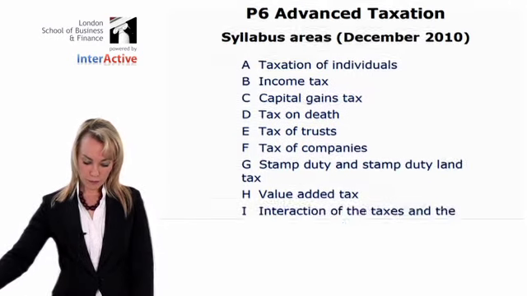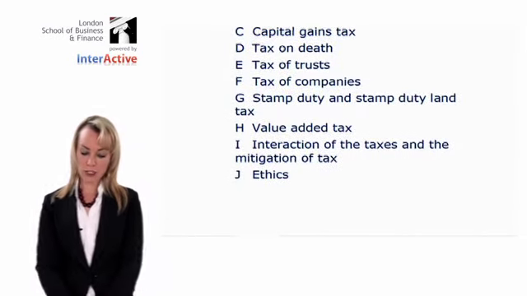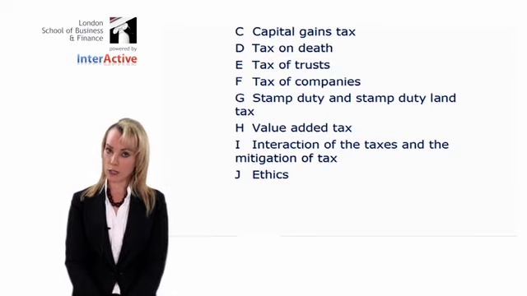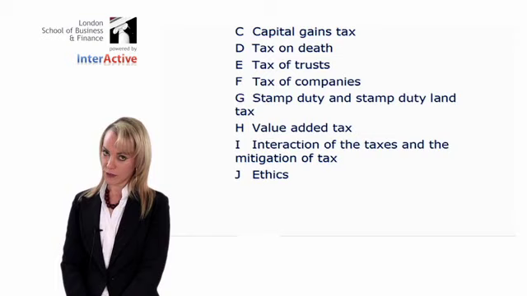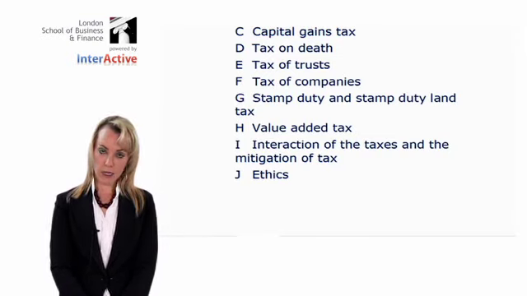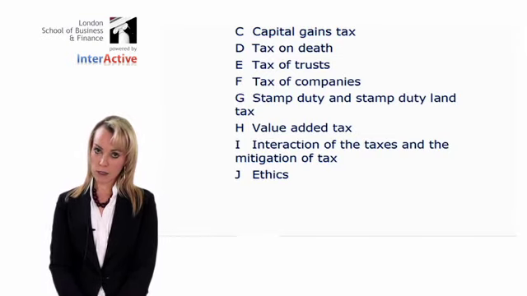So we've also got interaction of taxes and reduction or mitigation of tax, and then finally we've got the topic of ethics and acting in an ethical way. So making sure that you follow the professional code of ethics.